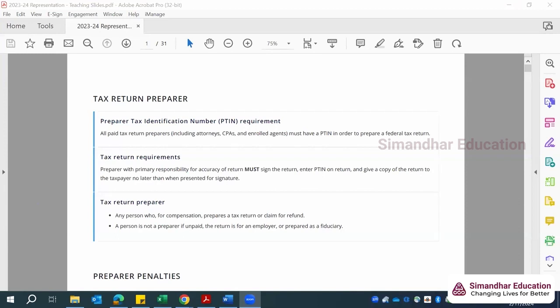So this person who is appointed in a trust or in an estate to help facilitate the distribution of the assets, if this person is preparing a return, then he is not considered a tax return preparer. And if you are preparing a claim for a refund for a taxpayer in response to any notice of deficiency, or any waiver of restriction after the commencement of an audit, then also you are not treated as a tax return preparer.